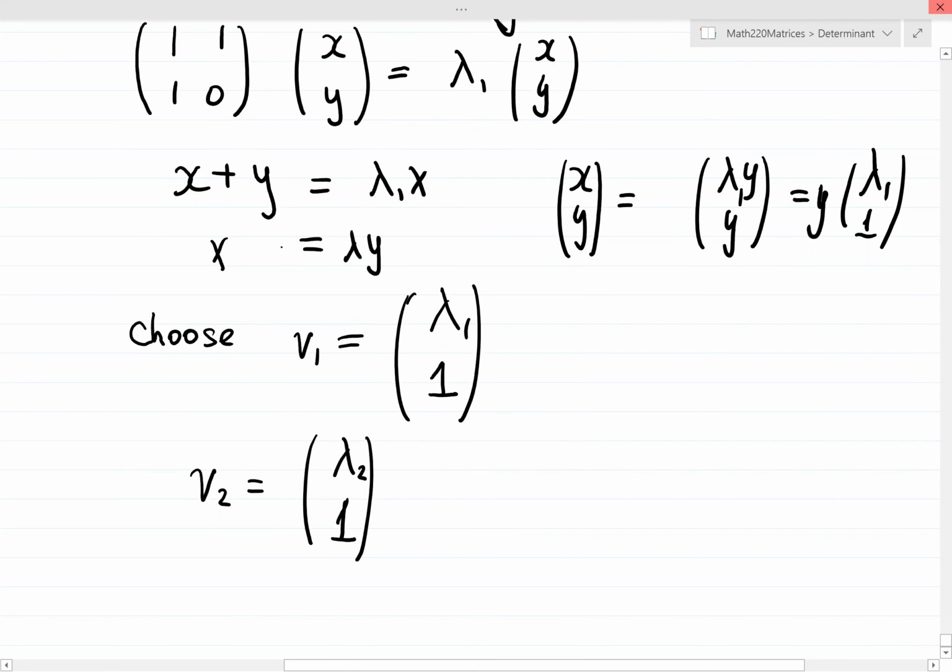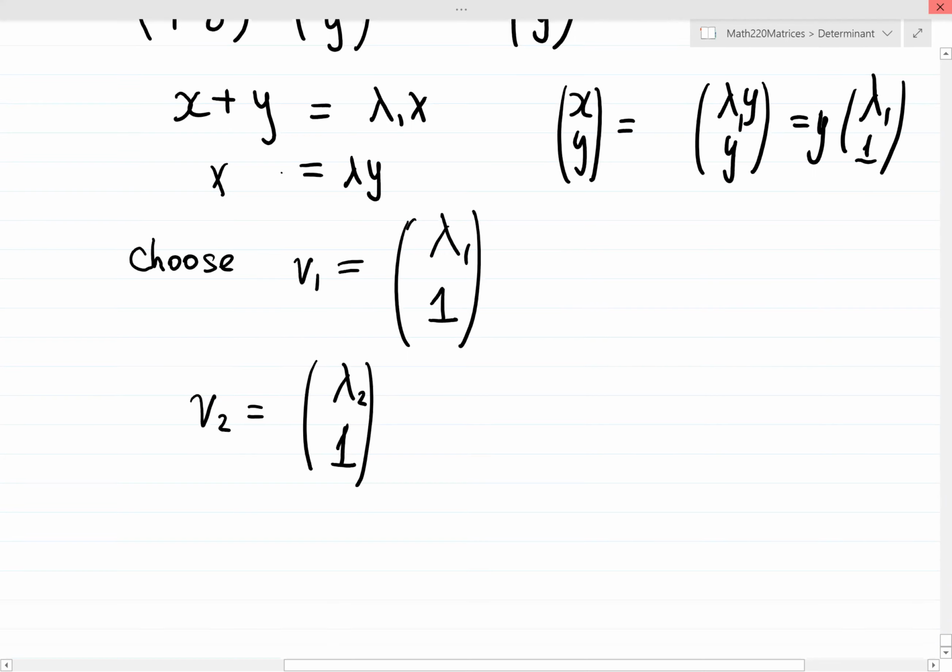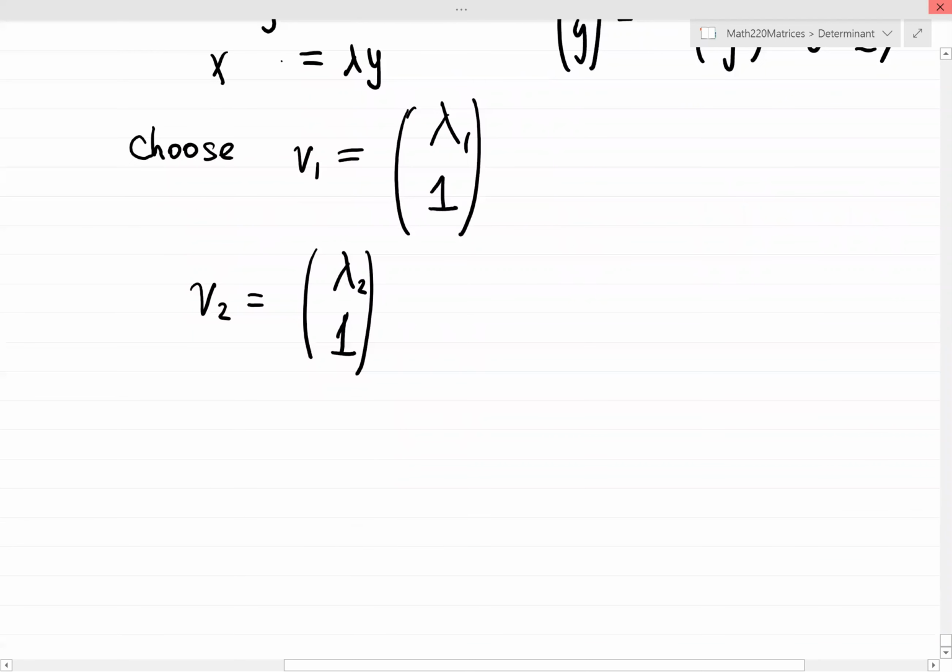Now remember how we transform the standard basis to the eigenvectors. We want X such that E1 maps to V1 and E2 maps to V2.